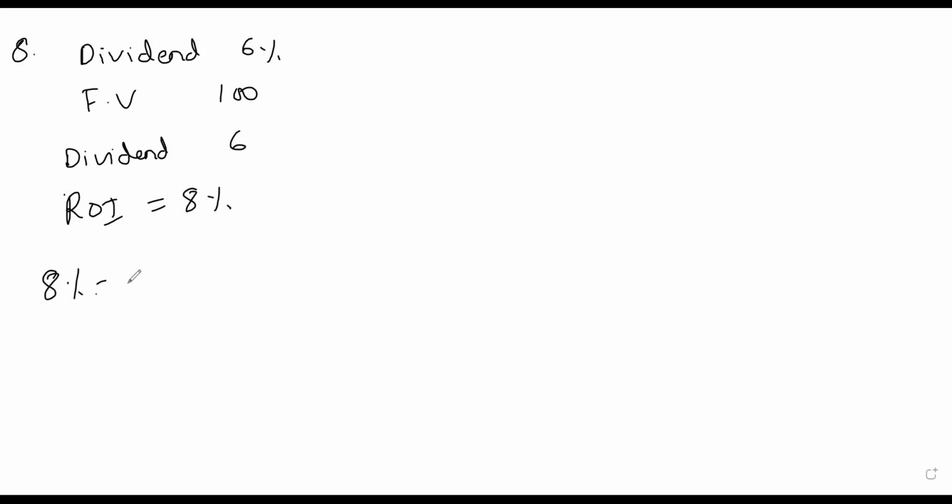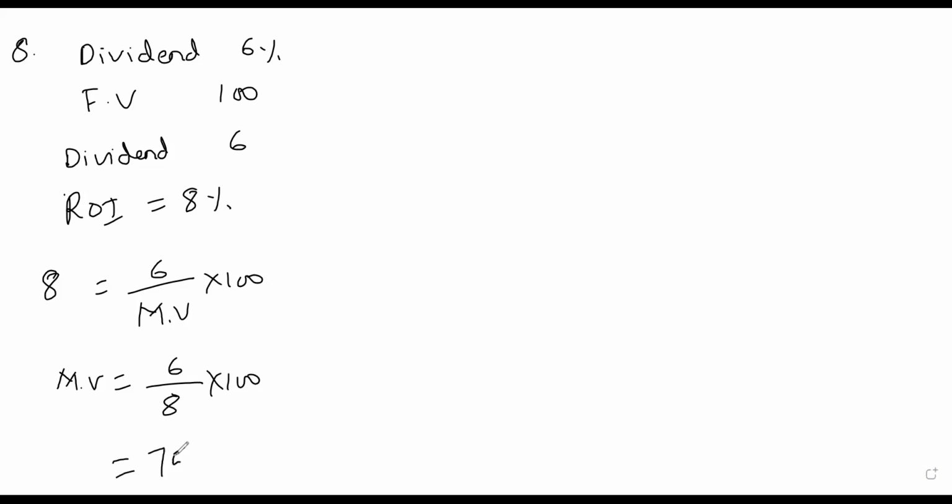So 8% is equals to 6 upon market value. तो ये 8% तो चला जाएगा अभी यहाँ पे, multiplied by 100. So market value is 6 upon 8 into 100. So it's 75. मार्केट प्राइस शायद 75 है इसलिए ROI है आपका 8%.